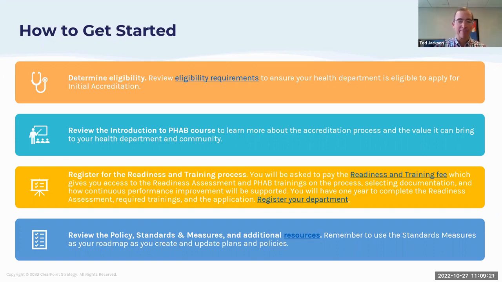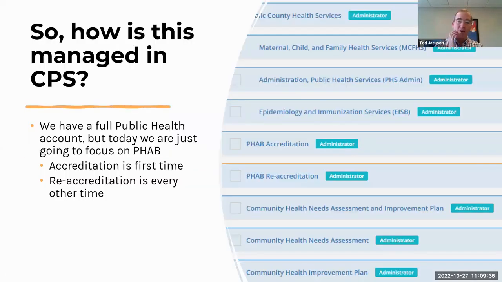It's run by PHAB, which is an association, kind of a nonprofit. What we do at ClearPoint is we're just responding to our clients' request for making that process easier, right? So how do we help manage that process, right?